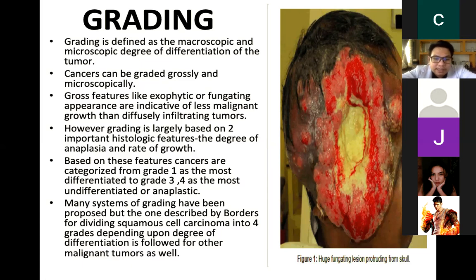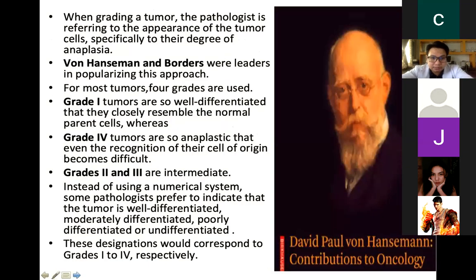Okay? Many systems of grading have been proposed, but the one described by Broders for dividing squamous cell carcinoma into 4 grades depending upon the degree of differentiation is followed for other malignant tumors as well. Okay? So yung approach popularized by Broders and also adopted by von Hansemann. Okay? So they are the leaders in popularizing the grading of tumors.